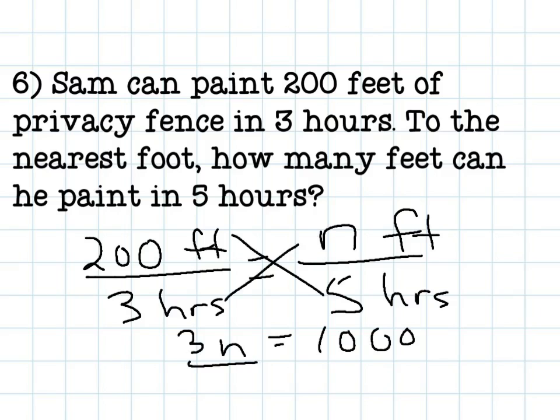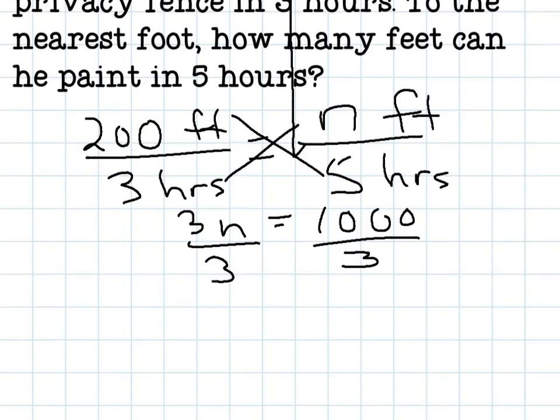Then divide both sides by 3. And you end up with n equals, 3 goes into 10 3 times with 1 left over. So we have a remainder of 1.